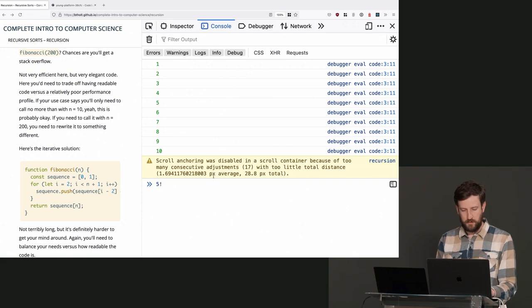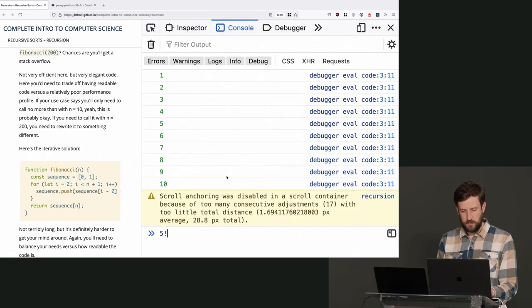let's see, 5 factorial is going to be equal to 5 times 4 times 3 times 2 times 1, right? Because 5 factorial is 5 times 4 factorial, and the 4 factorial is this, right? And then 3 factorial is this.